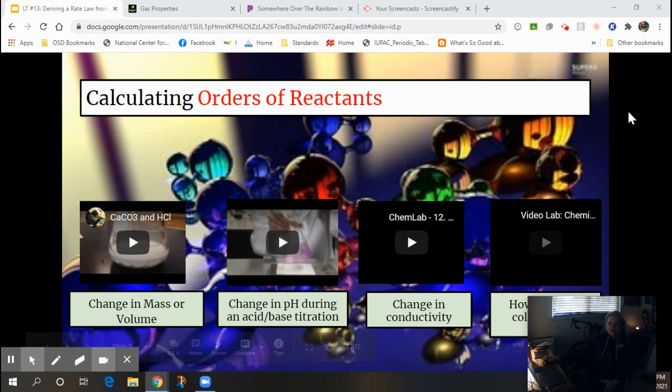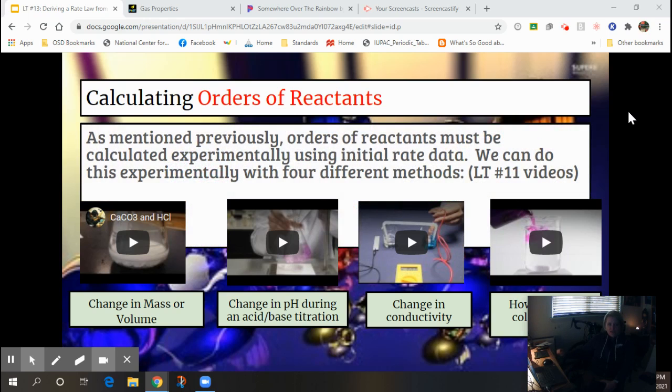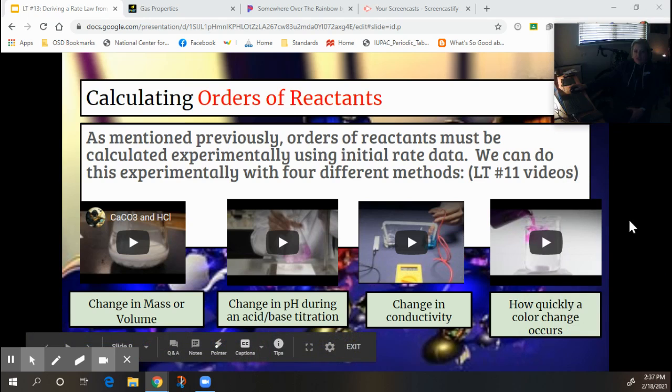Okay, so let's get to calculating these orders of reactants. As I previously said, orders of reactants must be calculated experimentally using that initial rate data. I'm not going to play these videos for you again. You've seen these videos in Learning Target number 11. These are the 4 ways that we can calculate initial rate data.